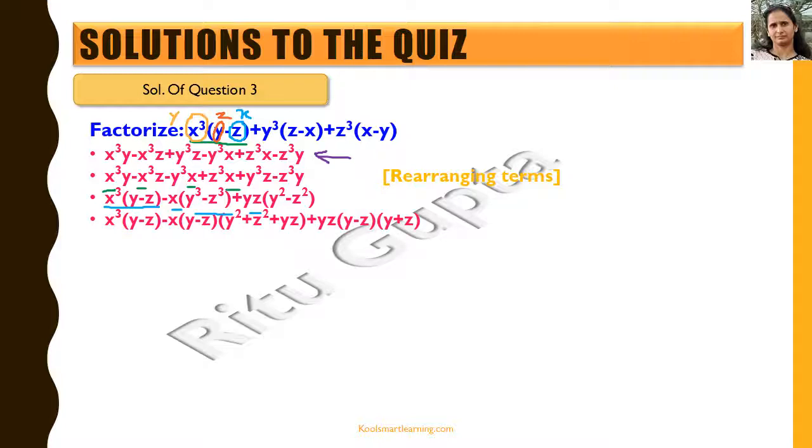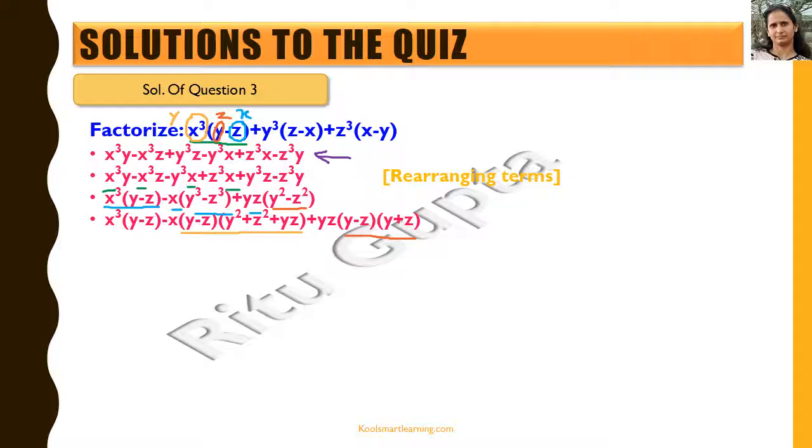Now we'll use the identity that we know: y cube minus z cube is equal to y minus z multiplied by y square plus z square plus yz. And we use the second identity for y square minus z square, which is equal to y minus z into y plus z.